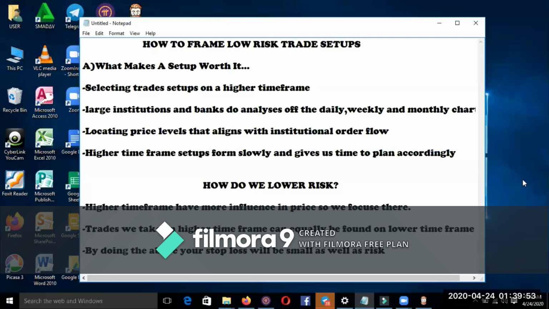Now if you go on a 1 minute, a setup there can take 24 hours. If you go on a 15 minute, a setup there can take 12 hours, a day or something like that. So you see the shorter period there. That's how it works. And as a result, by doing the above, your stop loss will be small, as well as your risk.